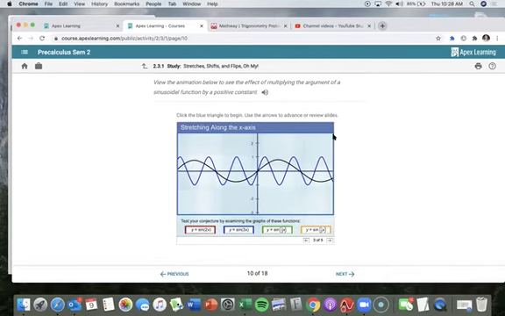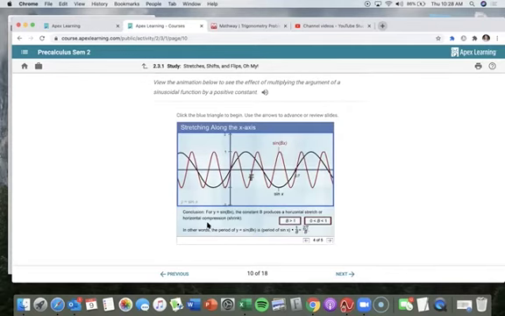It's going to be much, much faster. Versus here, if I have 1/2, I'm going to have 2 pi divided by 1/2, which ends up with a period of 4 pi, which is why this graph gets stretched out. So it's helpful: you have to divide by our constant in order to get our new period.